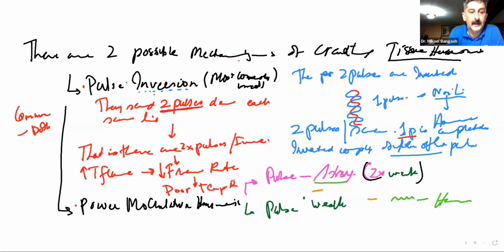So in both mechanisms, whether it was pulse inversion or power modulation harmonics, what we had in common was they both send 2 pulses down each scan line, or pulse line, or whatever you call it.